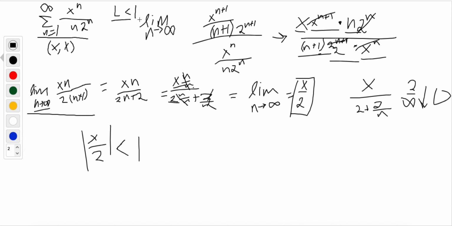And then we remember that whenever L, the solution, is less than 1, the series is convergent. So we can set the absolute value of that to less than 1. Solve for x, multiply both sides by 2, and get that the absolute value of x is less than 2 as our final solution.